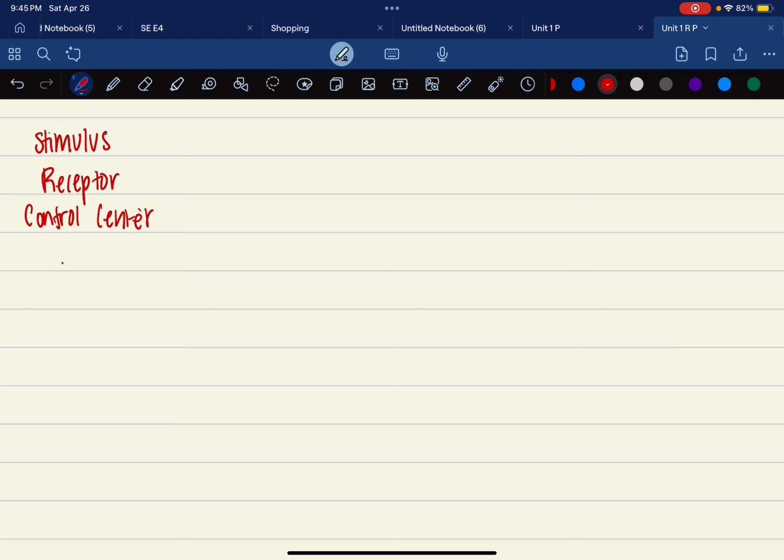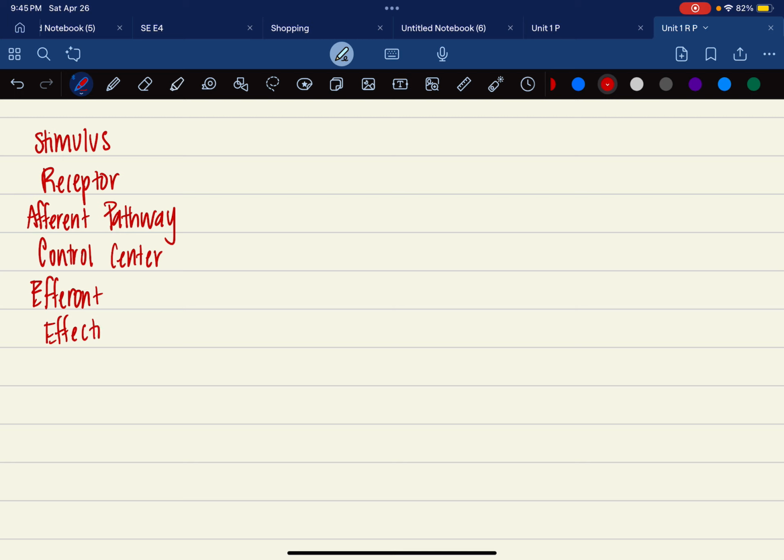Oh, I'm actually forgetting one. We have the afferent, we have the control center, we have the efferent, and we have the effector.